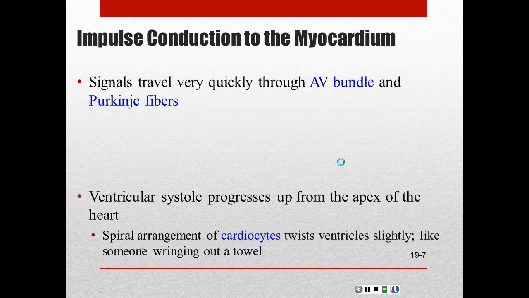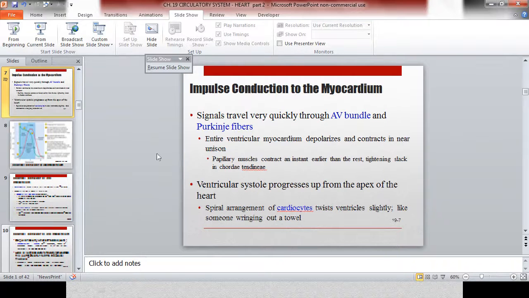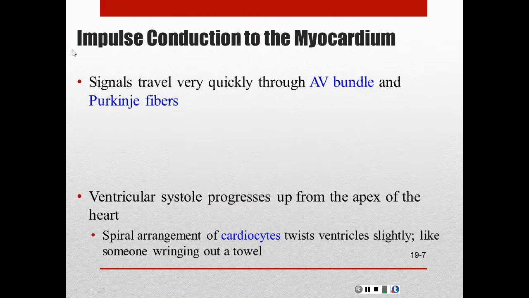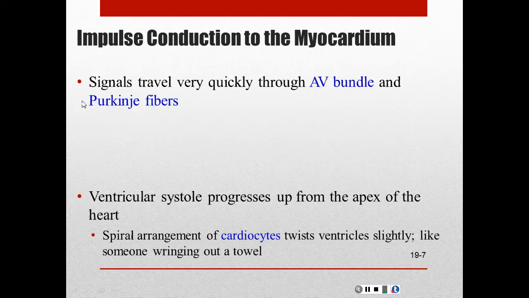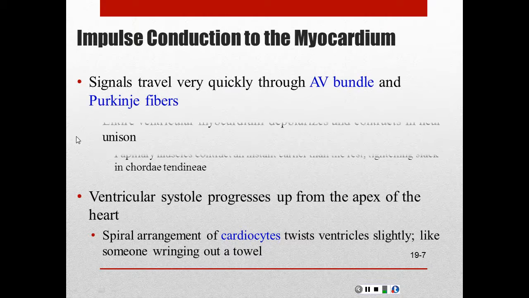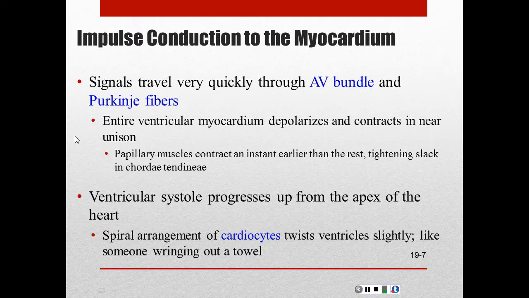Now the ventricular myocardium has a conduction speed of only 0.3 to 0.5 meters per second, but signals travel through the AV bundle and the Purkinje fibers at a speed of 4 meters per second.